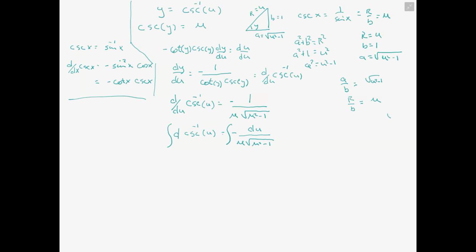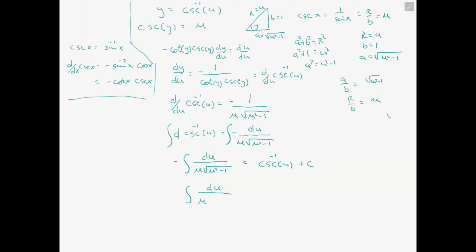And then we take our integrals, and we'll swap things around: minus du on u square root of u squared minus 1 equals arc cosecant of u plus c.